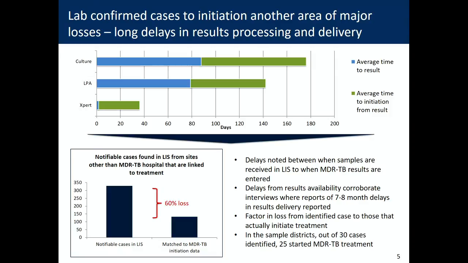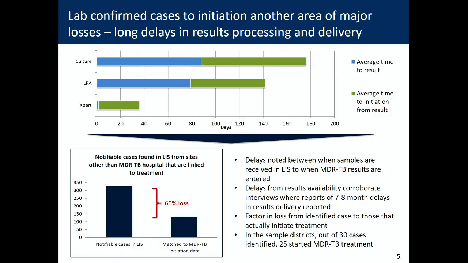The second major area where we found major drop-offs was basically from the lab, when we identify an MDR case, to initiation. Part of that relates to the long delays in sample processing and results delivery. From what we see, when the sample is received in the laboratory system, it should be marked in cultures and in LPAs. We are seeing over 80 days until the result is actually entered into the system.